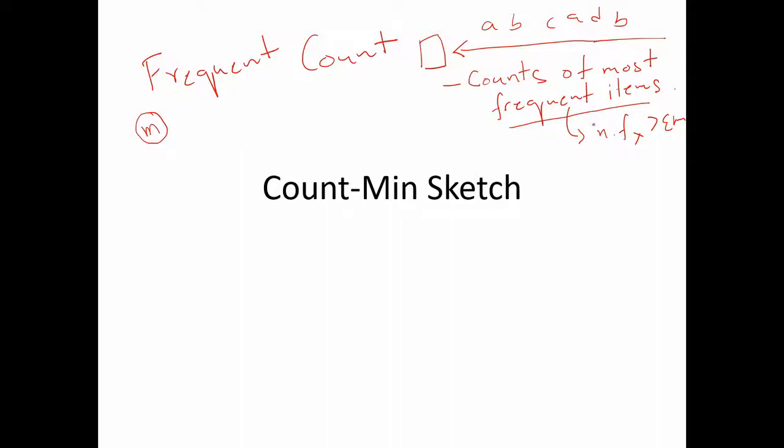Till now we got the sketch where all frequent items were identified, but some extra could also potentially be identified. We can also get their count within plus minus epsilon n. So f hat x will be in this range.